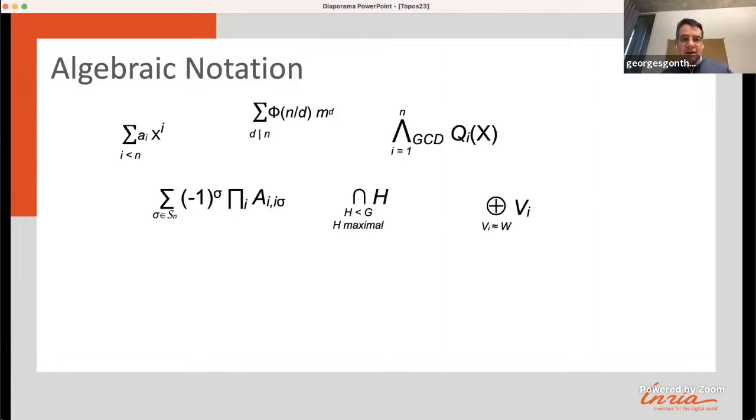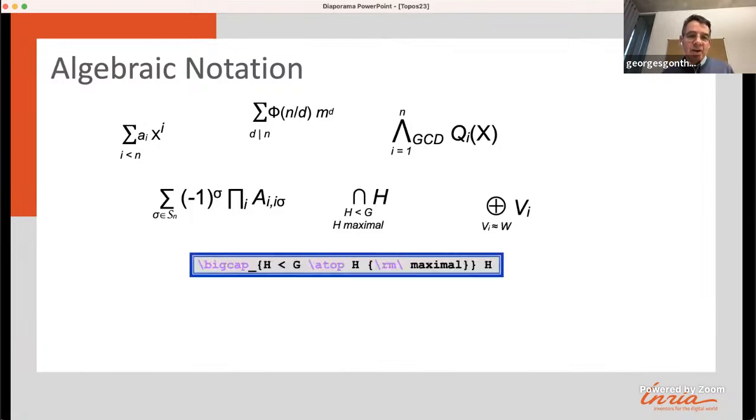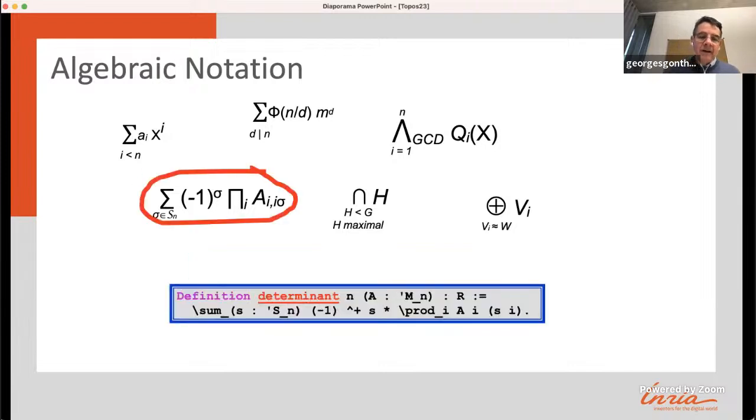So there's this whole machinery in the library that deals with basically all kinds of iterated operations. It can be sums, products, GCDs. For example, you can define the determinant with these summations, where you have both a sum and a product, and you sum over permutations.